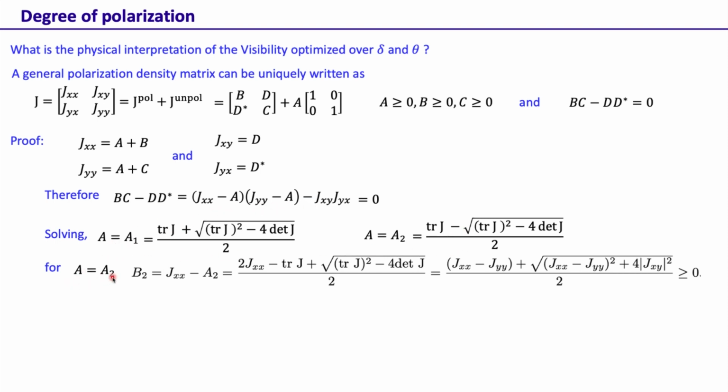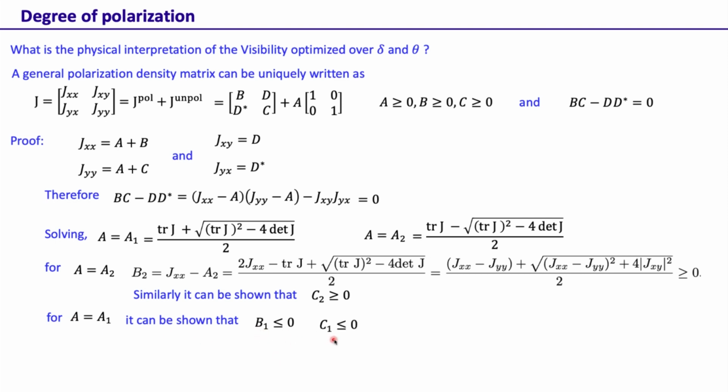If we take just one solution, A equal to A2, then the B corresponding to that solution, which we are calling B2, will take this form. This can be easily derived, and the point is that this is greater than or equal to 0. We can also show that the corresponding C2 is greater than 0. But if we take the first solution, A equal to A1, we can also derive the expressions for B1 and C1, the corresponding B and C for this solution.